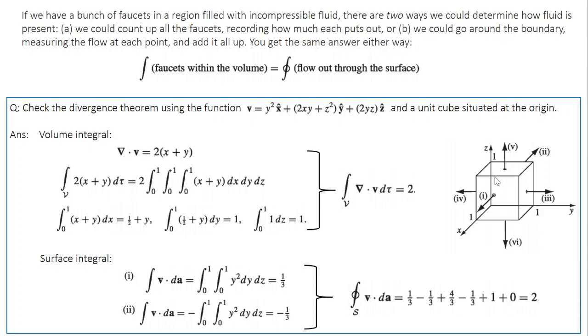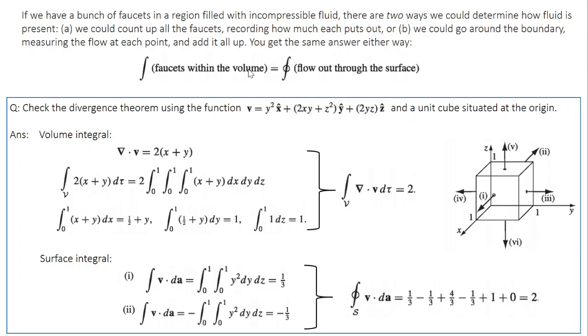Assume that this entire volume is filled with small faucets or water taps. Each water tap contains some water. So the total amount of water is water in the first tap plus water in the second tap, all the way to water in the final tap. This is nothing but the volume integral of faucets within the given region.